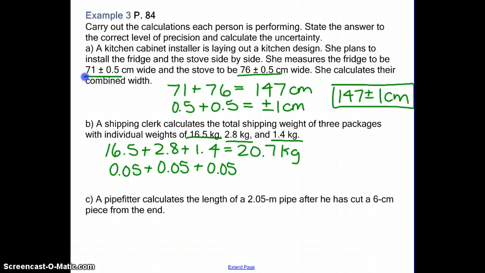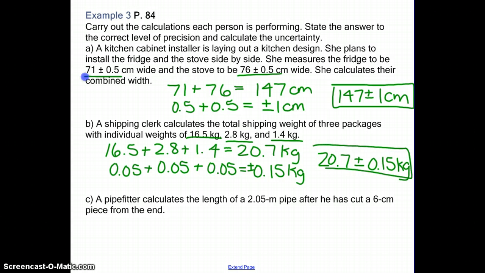So we add up all these uncertainties because each measurement would have its own uncertainty. Add them all up to get 0.15 kilograms would be plus or minus for your uncertainty. Then your final answer would be 20.7 plus or minus 0.15 kilograms. Final answer.